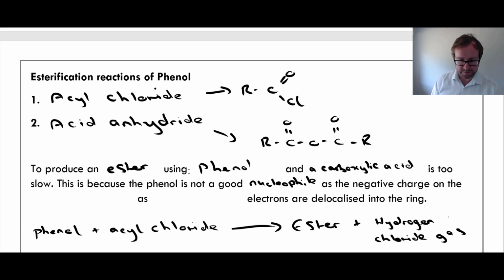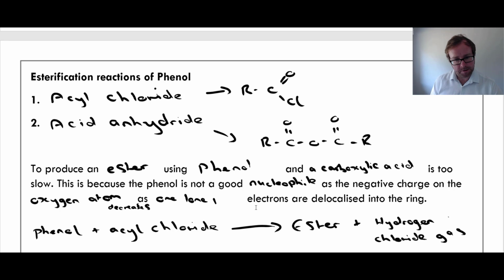The nucleophilicity of the oxygen atom decreases as electrons are delocalized into the ring, as one lone pair of electrons is delocalized into the ring.